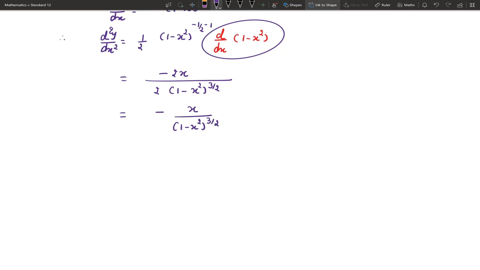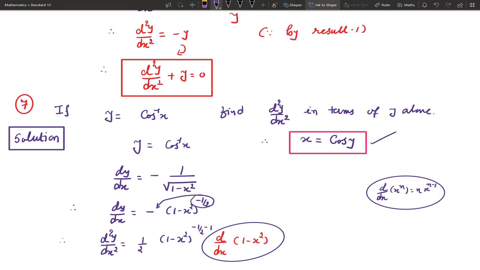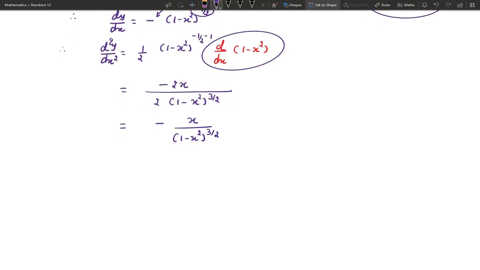But a clear instruction is given, the answer should be in terms of y alone. So we have x equal to cos y, so we replace x by cos y.